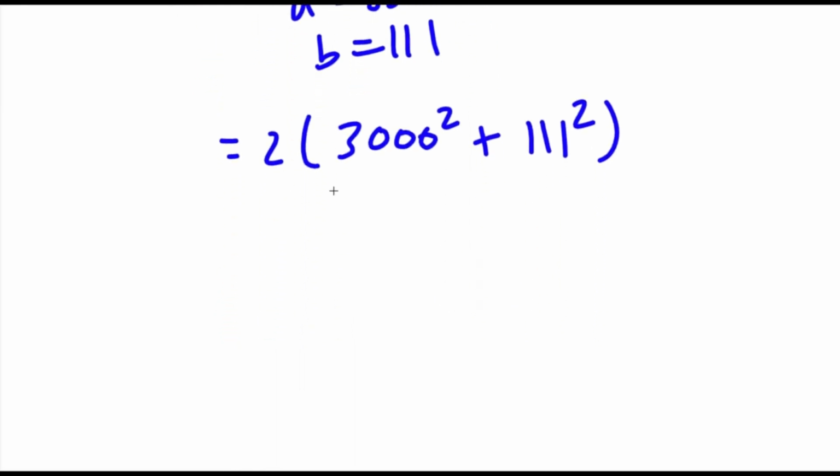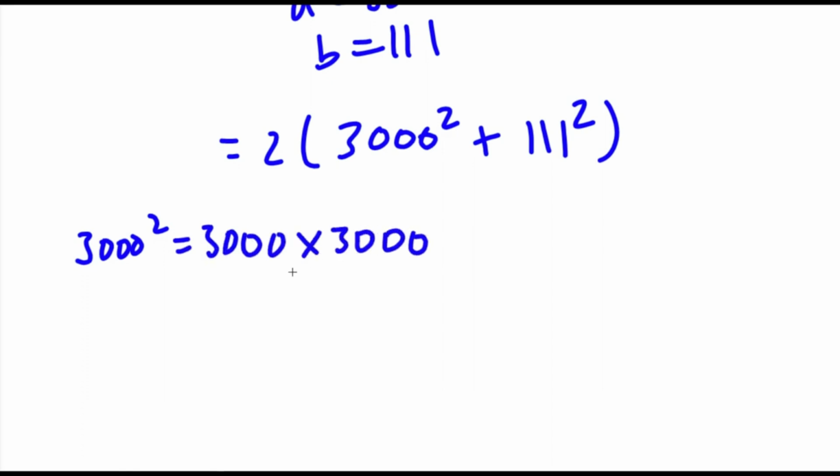Now 3,000 squared is the same thing as 3,000 times 3,000, right? And you may think this is hard because it's a 4-digit number times a 4-digit number, but we can actually for now ignore the zeros and just do 3 times 3.